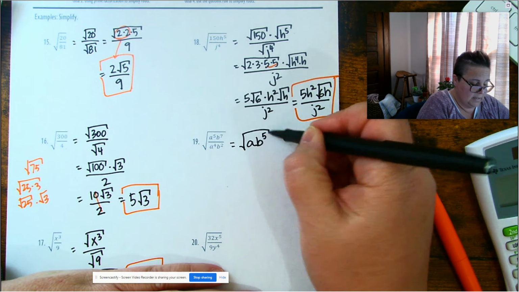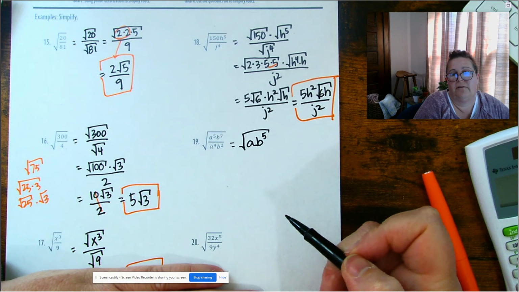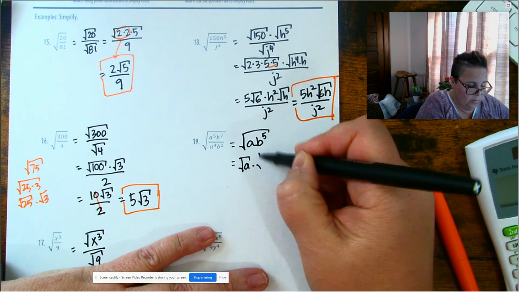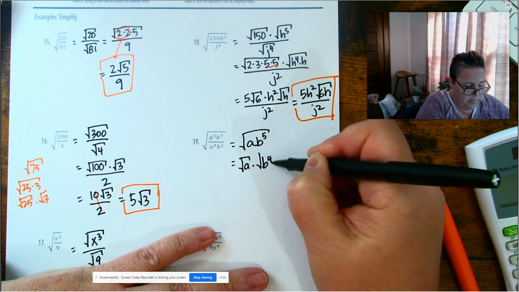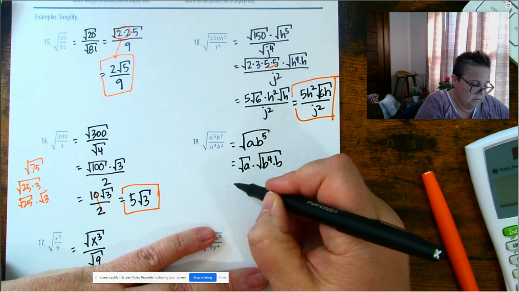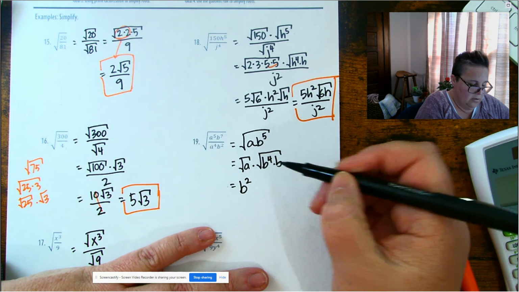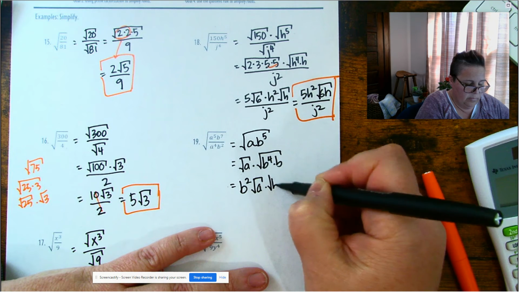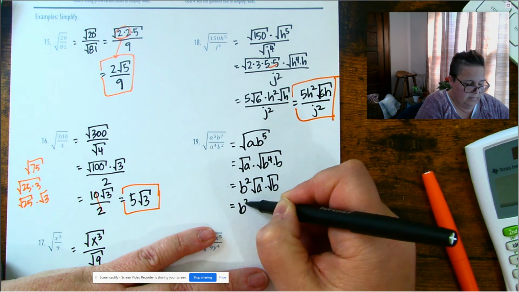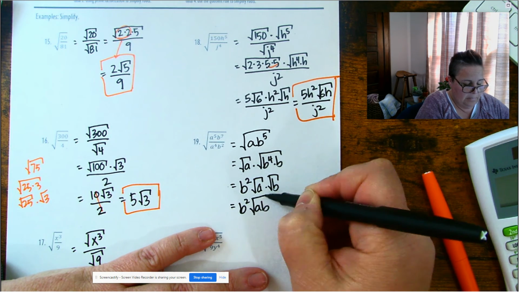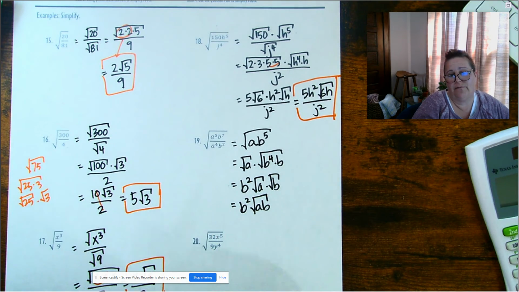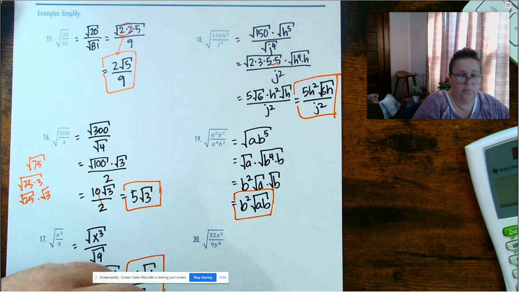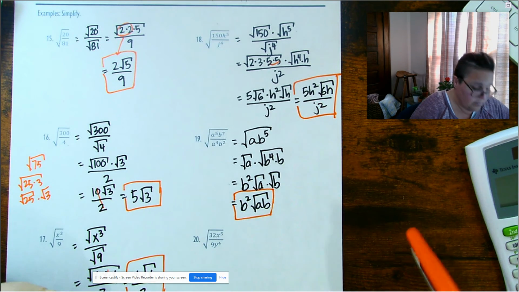So this is really the square root of AB to the 5th, which would be the square root of A, that's 1, times the square root of B to the 5th, which would be a nice B to the 4th times B. So I can pull out a B squared, and then we're left with the square root of A times the square root of B, which is going to be B squared, square root AB. I like that. This time I simplified first, and that's all right, because I could. And if you see it, you can simplify that like that.